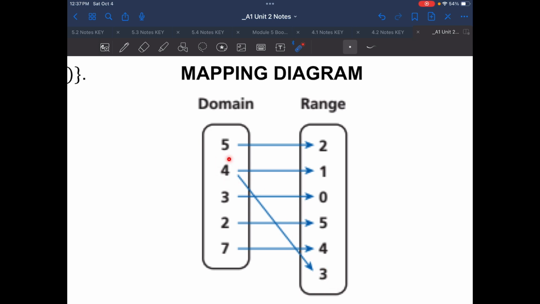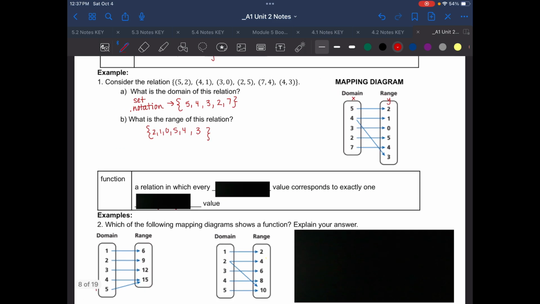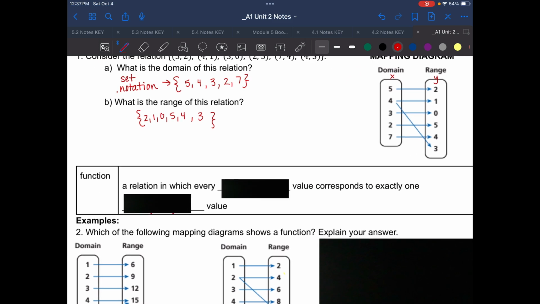Remember, we had 2 points with an x value of 4. Then 3, 0, 2, 5, 7, 4. Again, it's just listing all of our x values, that's our domain, and all of our possible y values, that's the range.